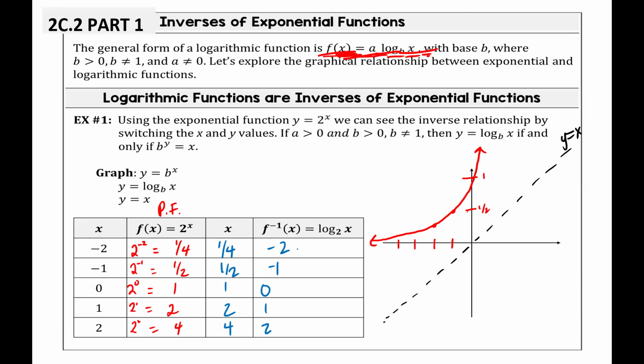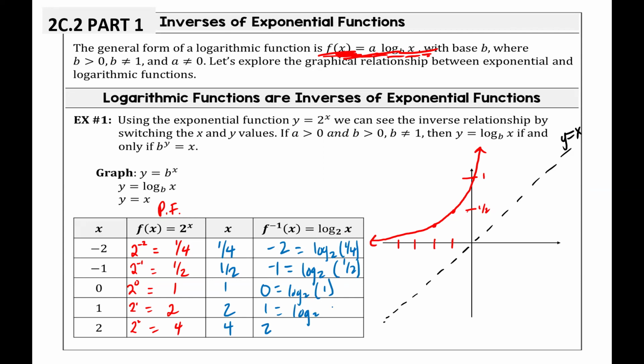Okay, so what this is saying is that the log base 2 of 1/4 is -2. The log base 2 of 1/2 is -1. The log base 2 of 1 equals 0.